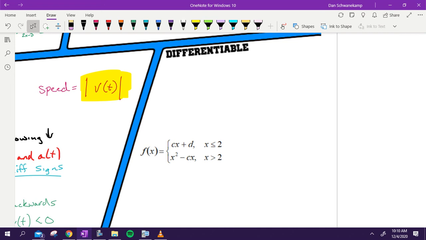All right, let's get to differentiable. All right, this is the big one on this one. Differentiable. What does differentiable mean? What has to be true if you're differentiable? Must be continuous. What other things are we looking for? No corner points. What's the other word for corner points?